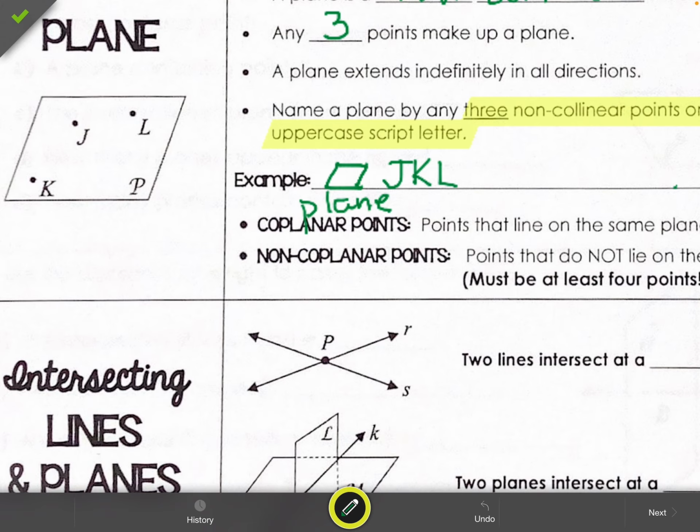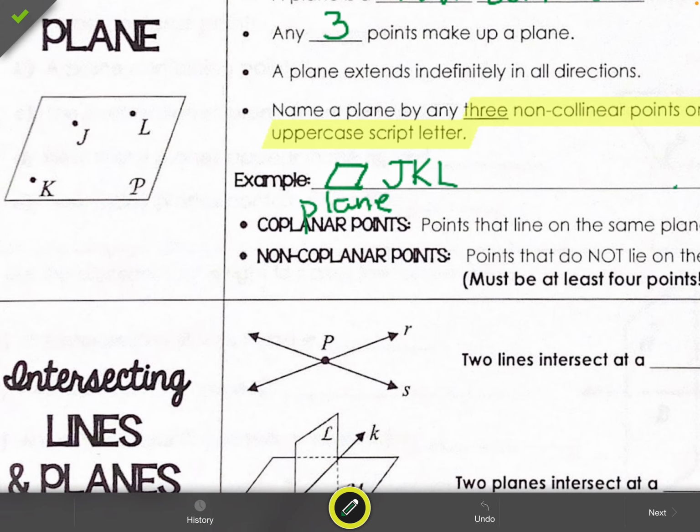Think of it as when you write your name, if your name is John, you wouldn't write J, comma, O, comma, H, comma, N. So when we're naming this plane, we wouldn't put any commas, we would just say JKL. So that could be plane JKL.